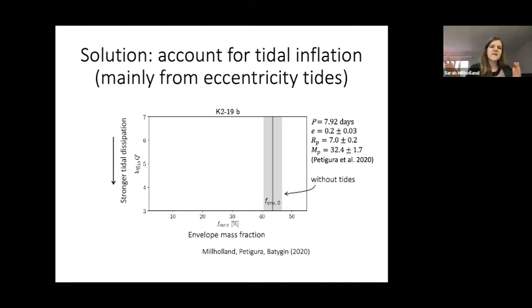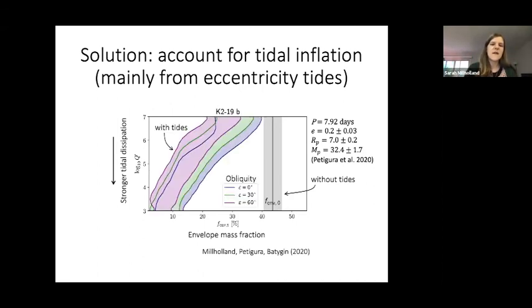But if we include tidal heating in our model, then we get these posterior parameter distributions in the tidal quality factor of the planet and the envelope mass fraction. So this is how strong of dissipation the planet is experiencing. And so here we're just assuming that the eccentricity is fixed to this 0.2 observation, but we're plotting it for different values of the obliquity of the planet.